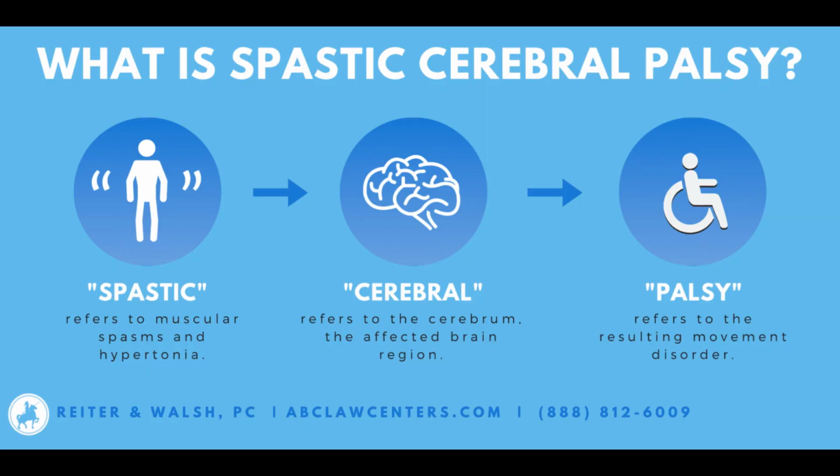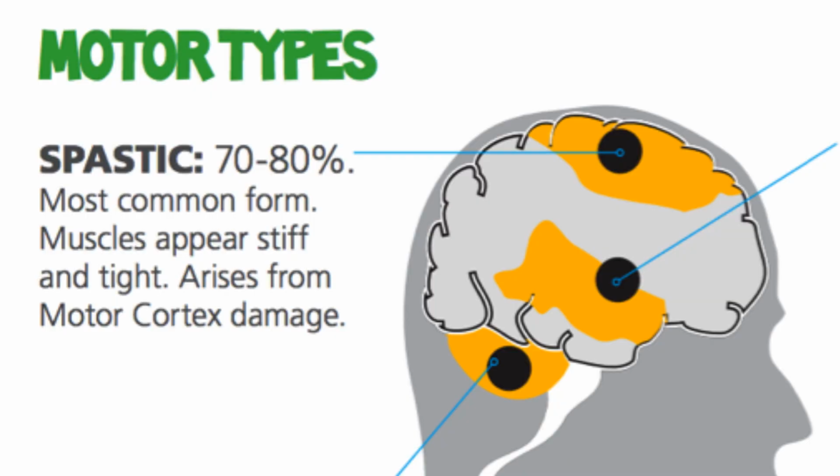So spastic cerebral palsy is a type of cerebral palsy that affects 70 to 80% of people with cerebral palsy, meaning it's the most common type in adults and children. It is caused by damage to the part of the brain that controls voluntary movement, and it results in stiffness and tightness of the muscles.